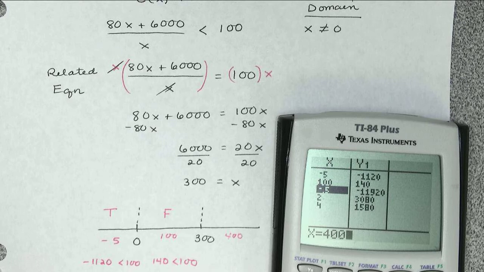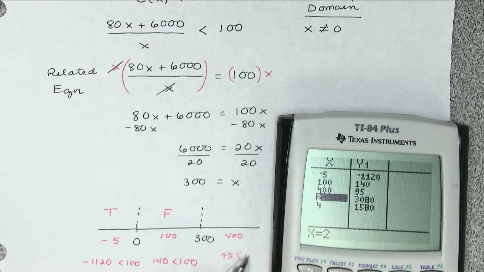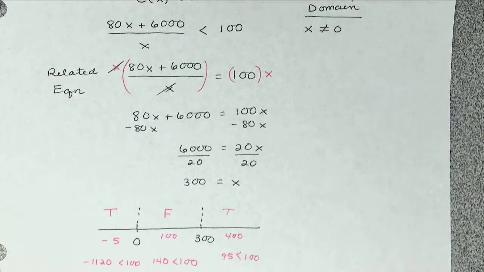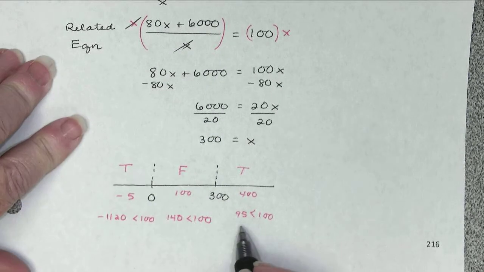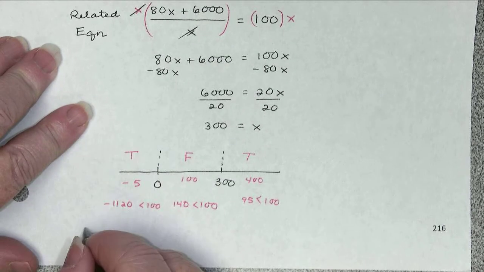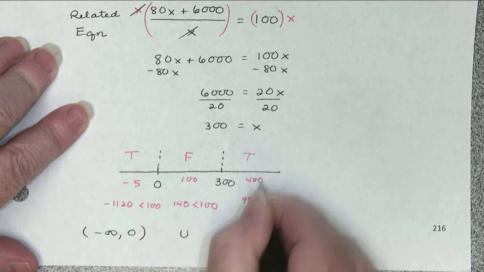That gives me 95. Again, I want that to be less than 100, and it is. That's true. So technically speaking, my solution to my inequality would go from negative infinity to 0, and then from 300 to infinity.